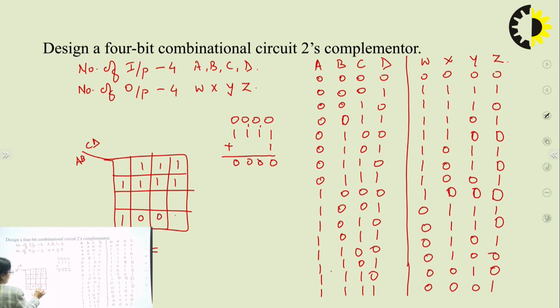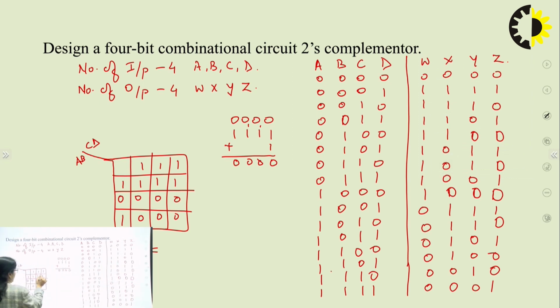The rest are 0. So when you go for mapping or grouping, we will find it.